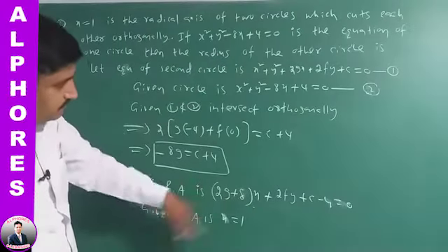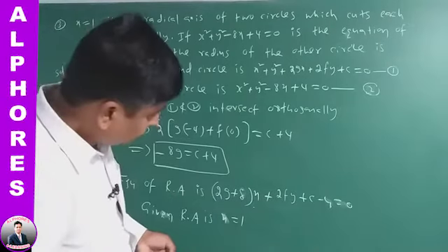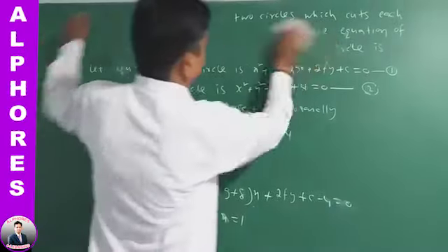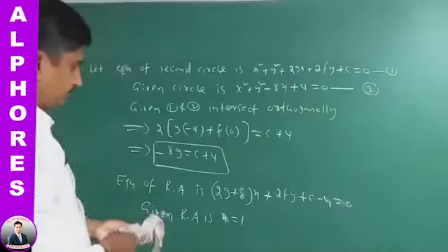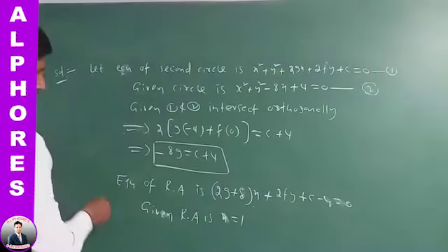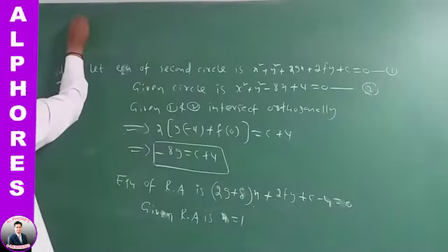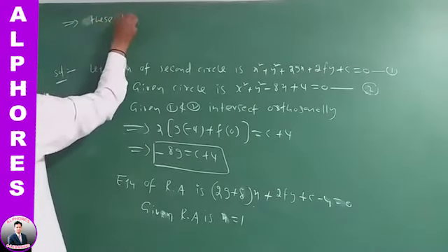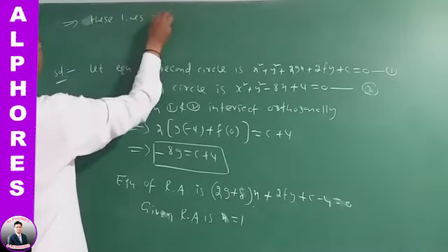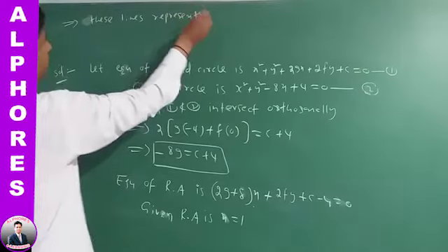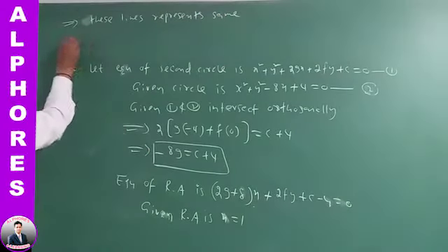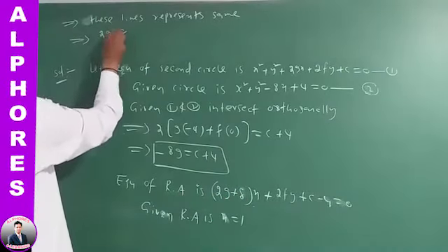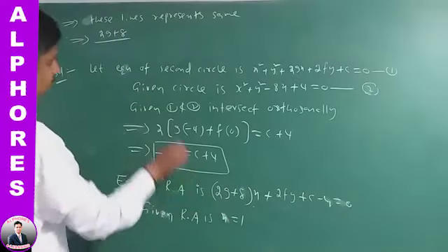Now these two lines represent the same line. This implies the coefficient of x is 2g plus 8, and here the x coefficient is 1.